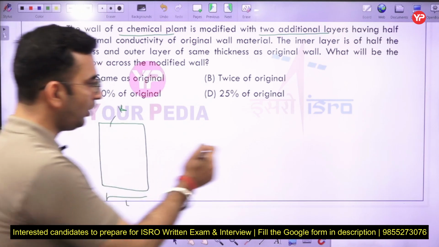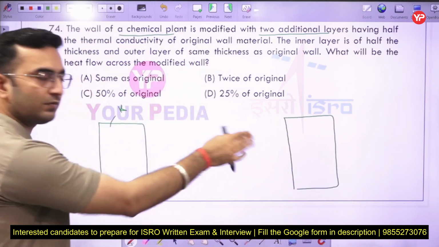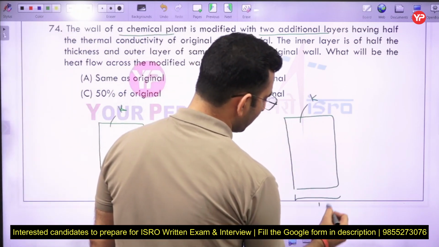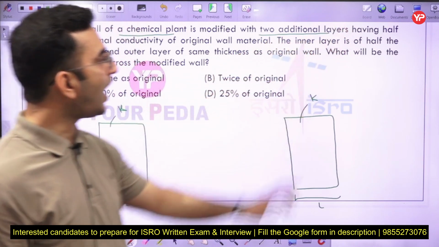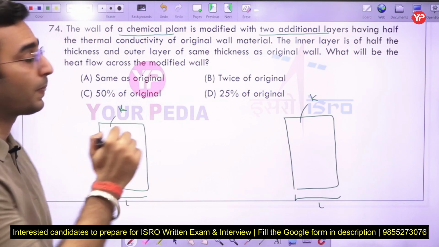Let us say here we have the same wall, but with some modifications. What type of modification have we done? The inner layer is of half the thickness and the outer layer is of the same thickness as the original wall.